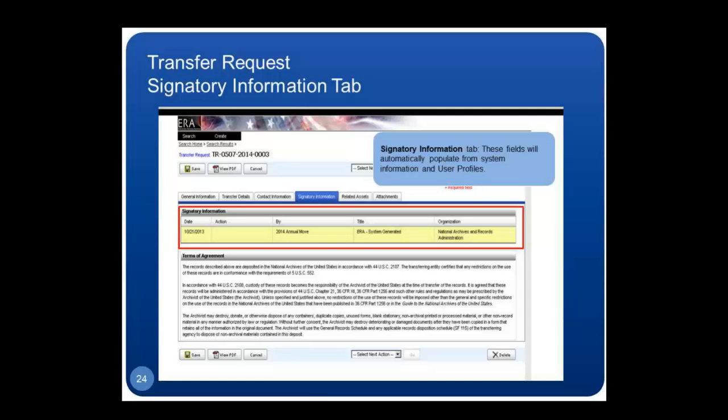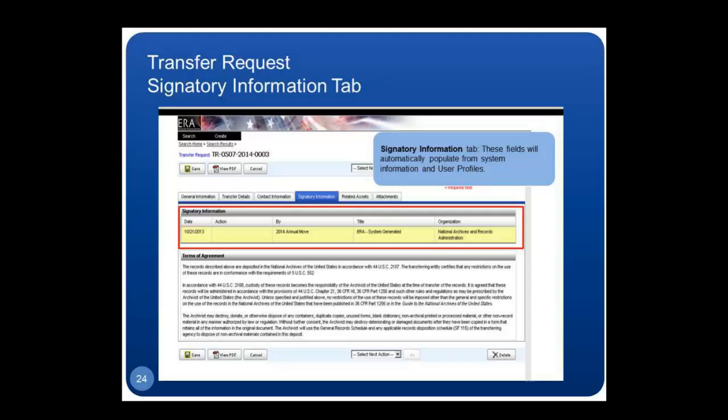Next tab is an information tab. Again, it doesn't require really any interaction on your part. It's the signatory information tab. It will show you the date that this particular transfer request was created by NARA in ERA on your behalf, all right?